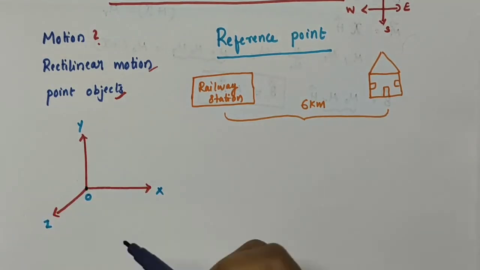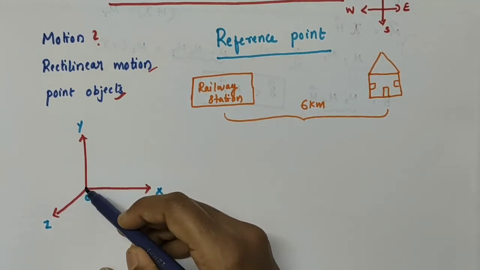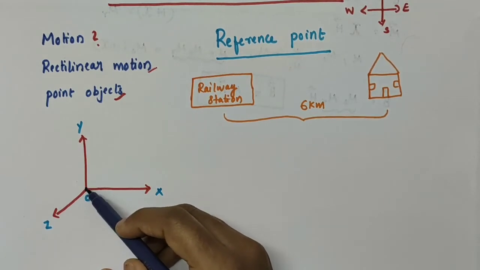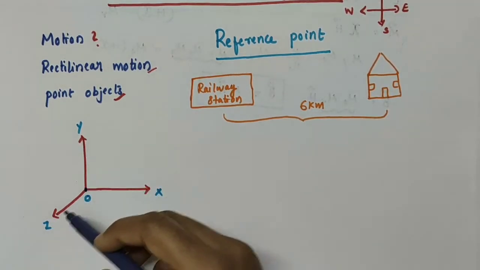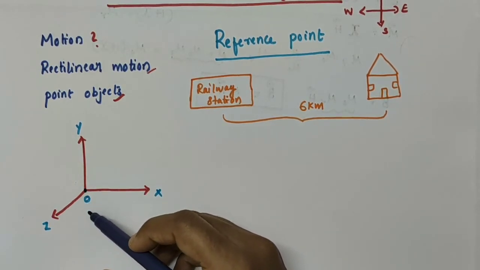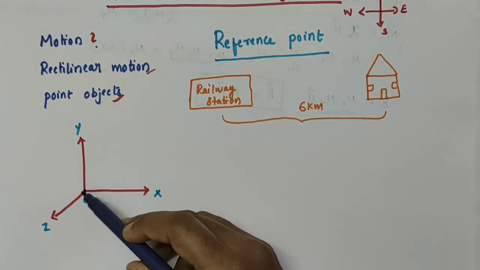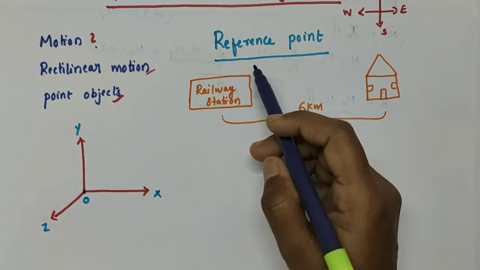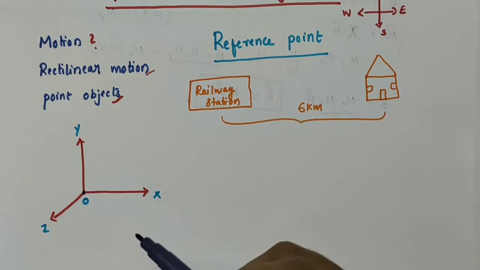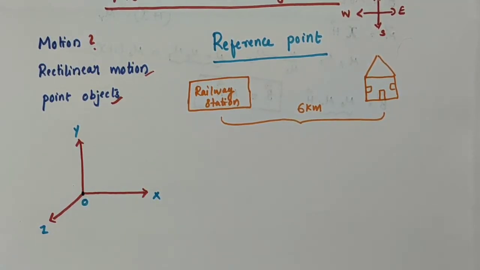The point of intersection of these three axes x, y and z, this point, is called the origin, represented by the letter O. This origin serves as a reference point. Clear? That is, we can specify the position of an object with respect to this origin.